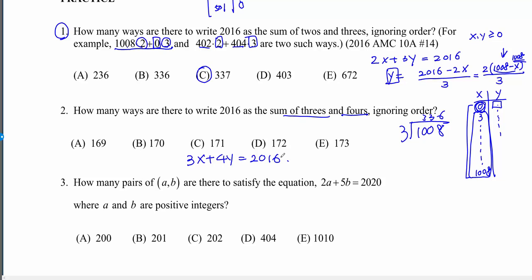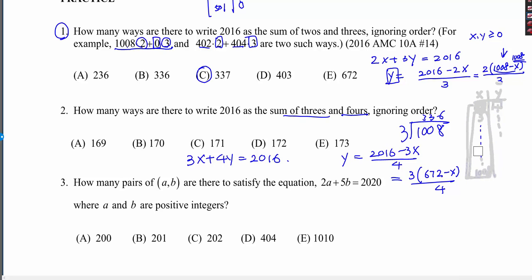Okay. So then if you rewrite that, that's y equals 2016 minus 3x over 4. And then you can factor it, so it's 3 times 672 minus x.